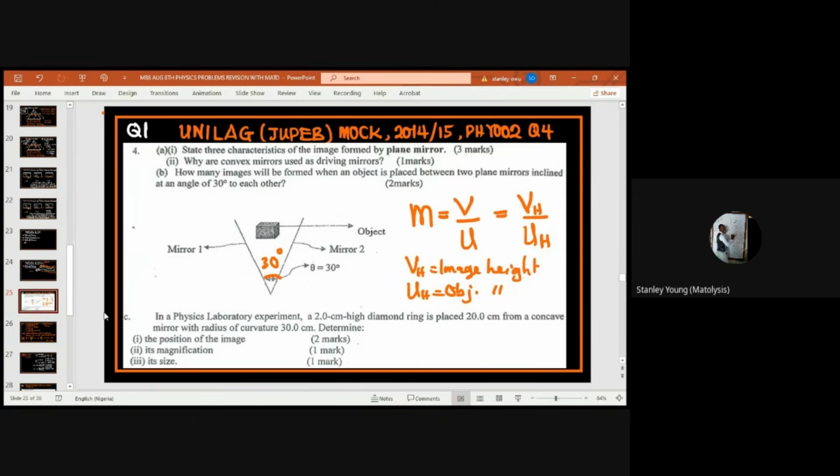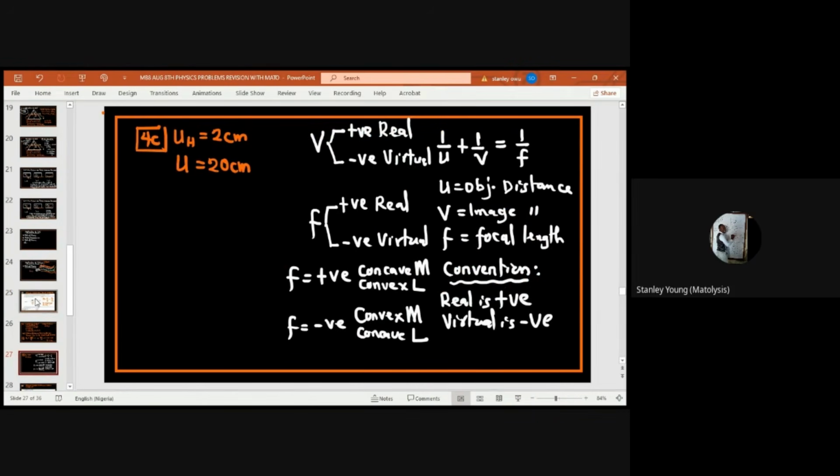So the next, it says concave mirror. Take note of the word concave mirror there. That means it's going to have a positive principal focus, which means positive focal length. Focal length is the distance between principal focus and the pole. So what do we have? They gave us the radius of curvature as 30.